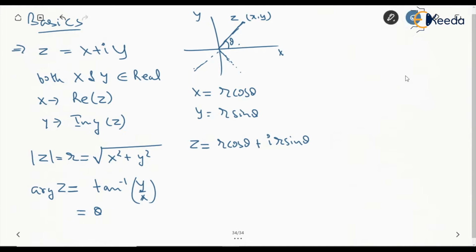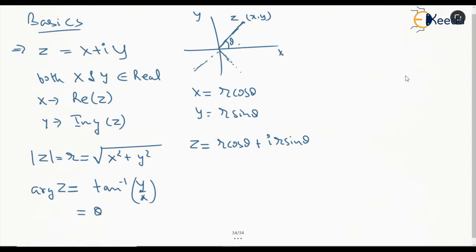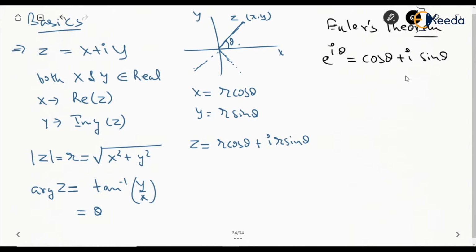Now, as per the Euler's theorem, e to the power of i theta is given as cos theta plus i sin theta. So this z can be given as r e to the power i theta.